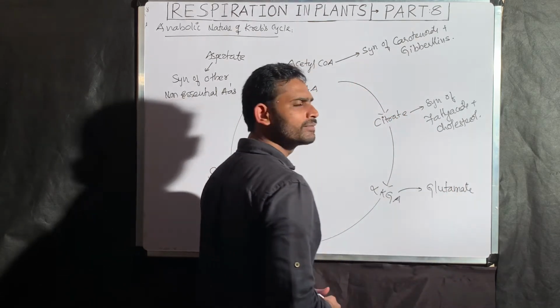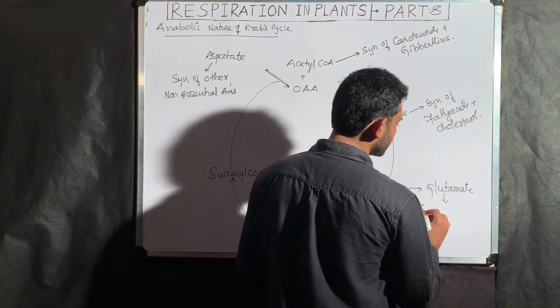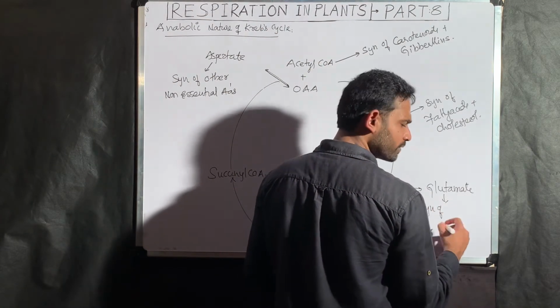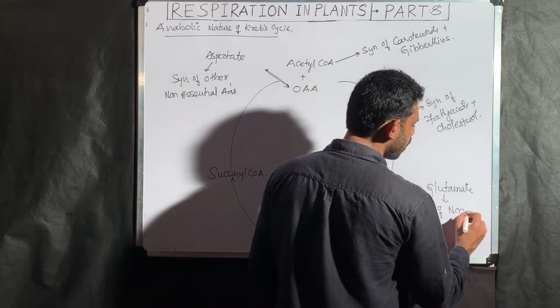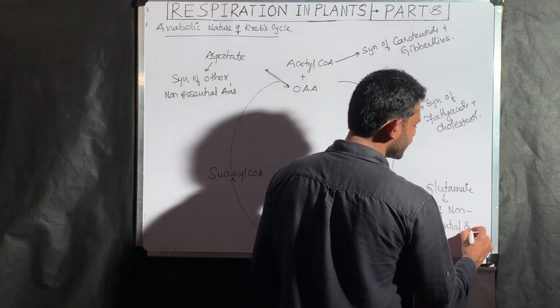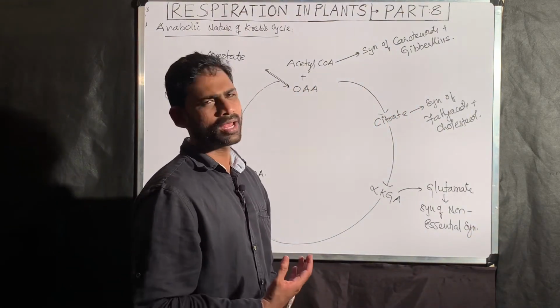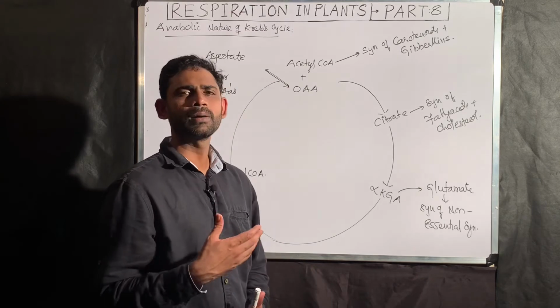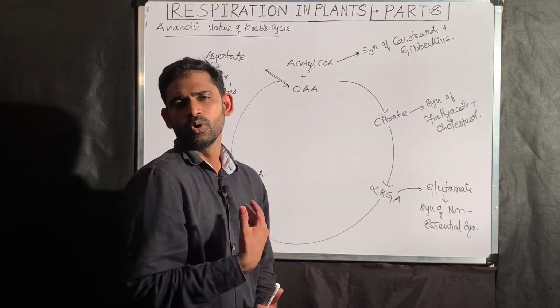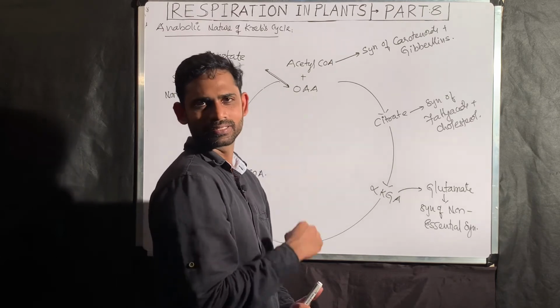Glutamate is also one of the standard amino acids. This glutamate in turn is involved in the synthesis of different types of non-essential amino acids. You can understand why they are called non-essential: these amino acids need not be supplied through the diet, because they can be synthesized in our body cells.